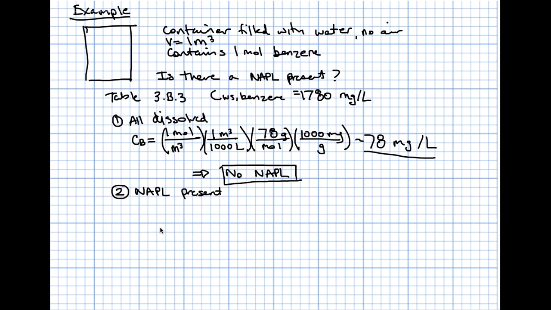And so if instead in the previous equation we plug in the water solubility here and then solve for the number of moles, we would find out that more than 22.8 moles would need to be added for a NAPL to form.